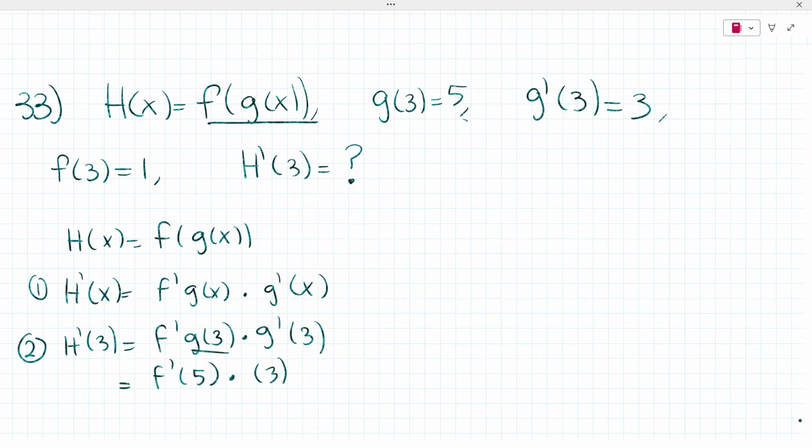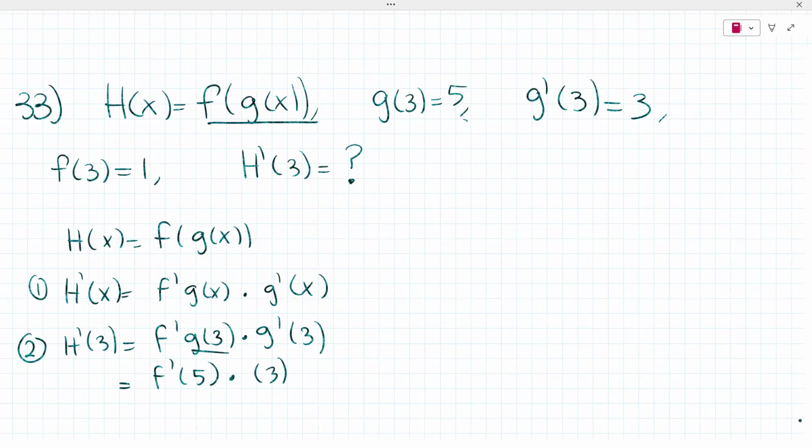Do we know what f prime of 5 is? Oh my God, yeah, it was supposed to be given.